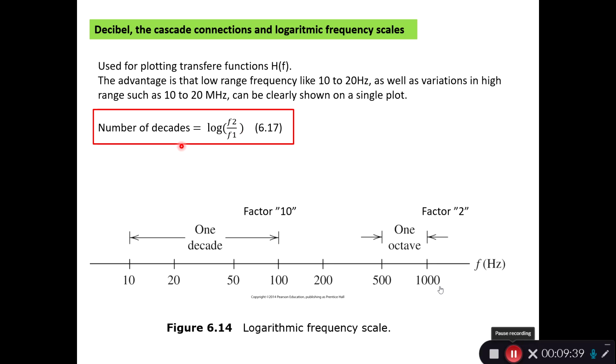Then we get the number of decades we have to show. This is used mostly for filters, and beware, it's a logarithmic frequency scale, and for filter purposes this is the preferred one.